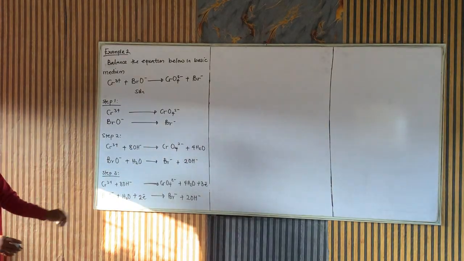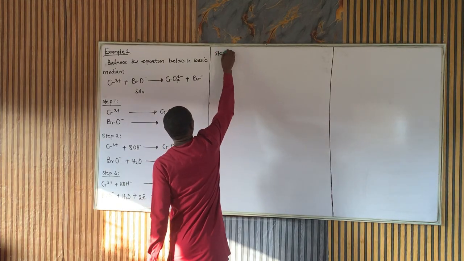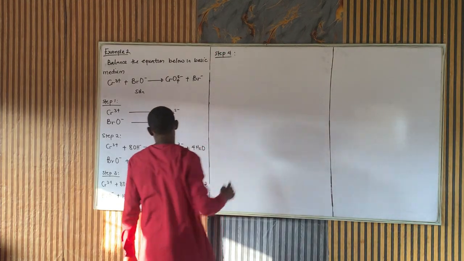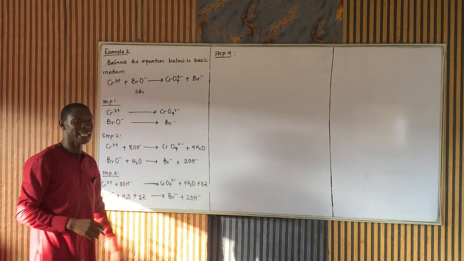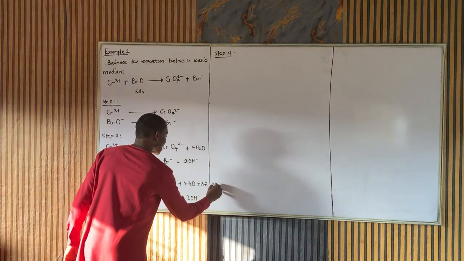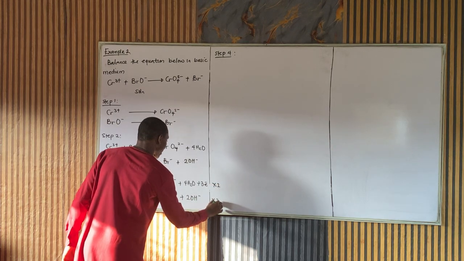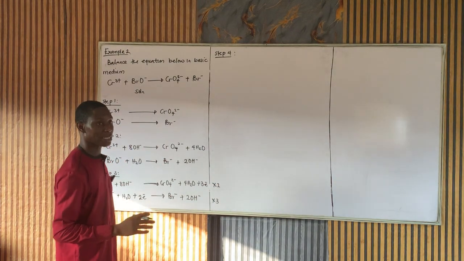And so the charge is balanced. Now, step 4, balance the electrons. Here, 3 electrons are used; here, 2 electrons are used. How do we balance it? Multiplying this by 2 and this by 3. It becomes 6 electrons. That's the easiest way to balance it.